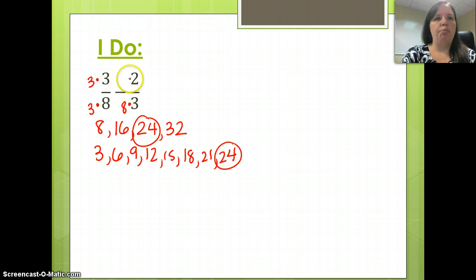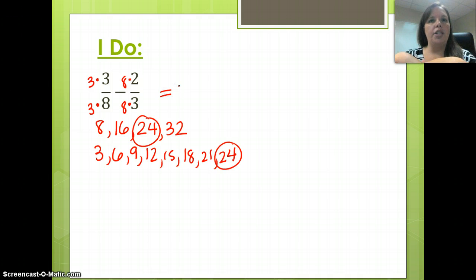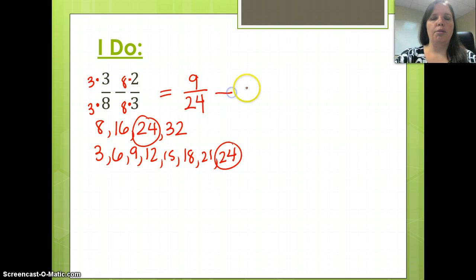So making my equivalent fractions, if I multiply the denominator by a number, I have to multiply the numerator by the same number to make equivalent fractions. So 3/8 becomes 9/24. 2/3 becomes 16/24.